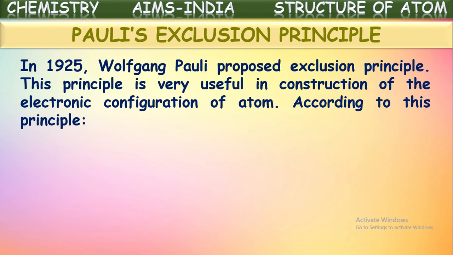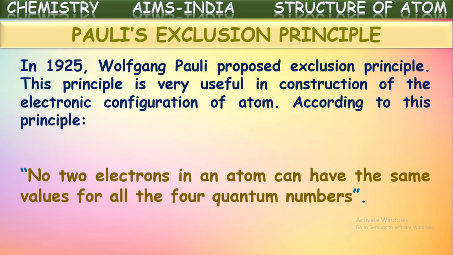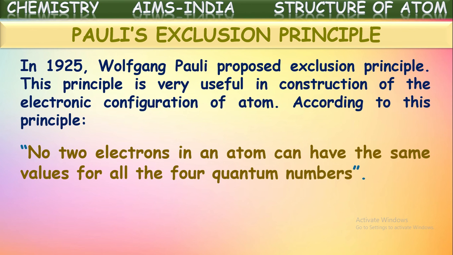According to this principle, no two electrons in an atom can have the same values for all four quantum numbers. Yes, no two electrons in an atom can have the same set of four quantum numbers. So this third principle guides us how electrons are occupying, how electrons have their spin, and how many electrons can be accommodated in each orbital.